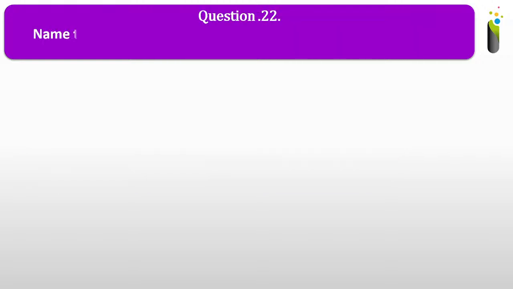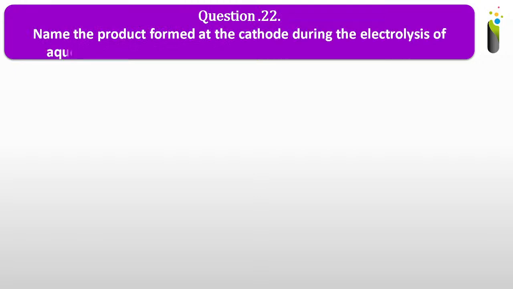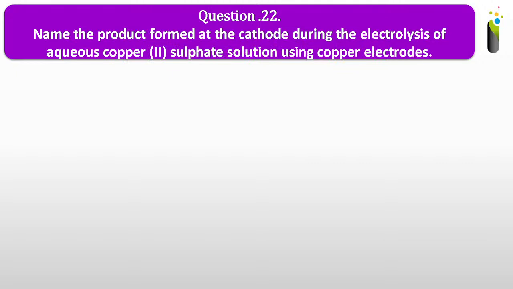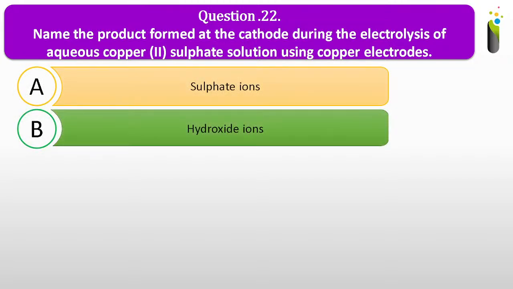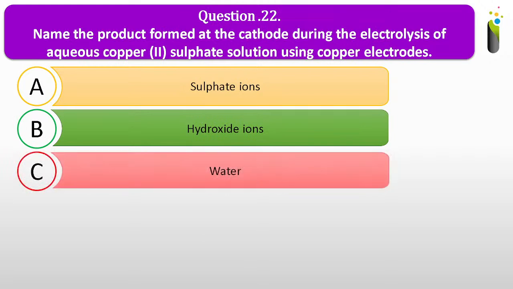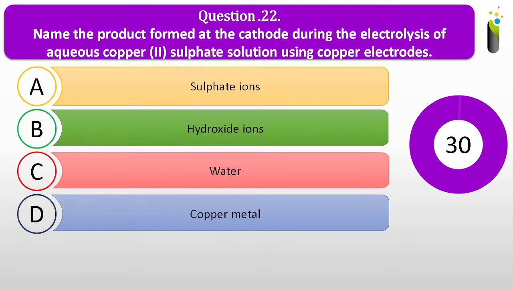Going ahead to question number 22, name the product formed at the cathode during the electrolysis of aqueous copper 2 sulfate solution using copper electrodes. A. Is it sulfate ions? B. Is it hydroxide ions? C. Is it water? D. Is it copper metal?